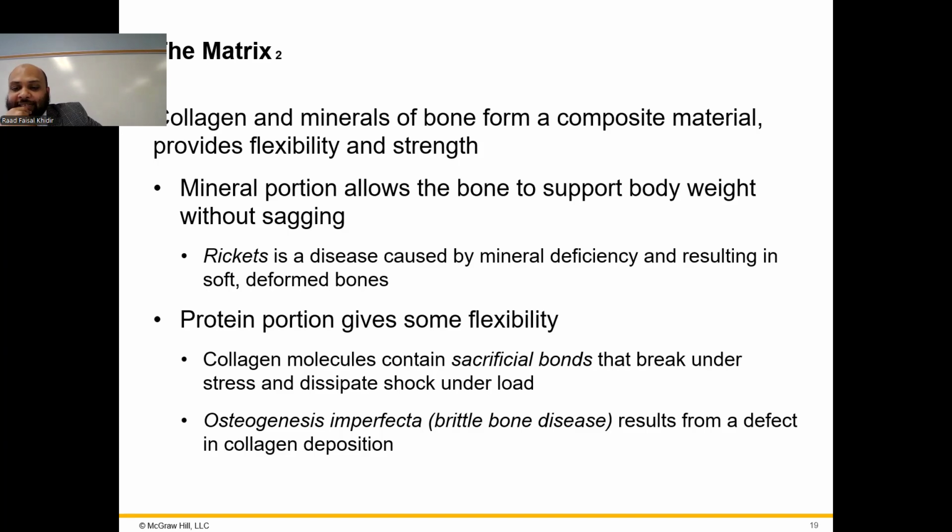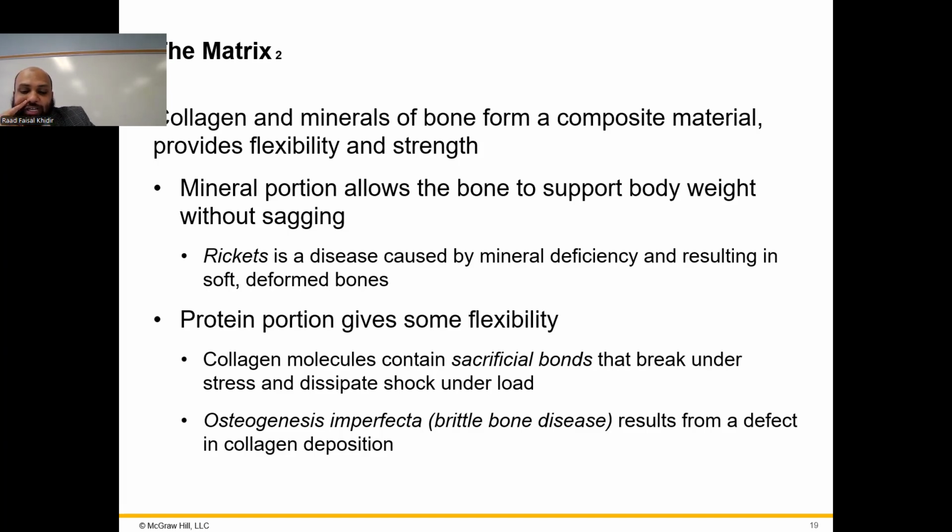Rickets is a disease caused by mineral deficiency and resulting in soft, deformed bones, also known as bowed legs. The protein portion gives more flexibility. Collagen molecules contain sacrificial bonds that break under stress and dissipate shock under the load.